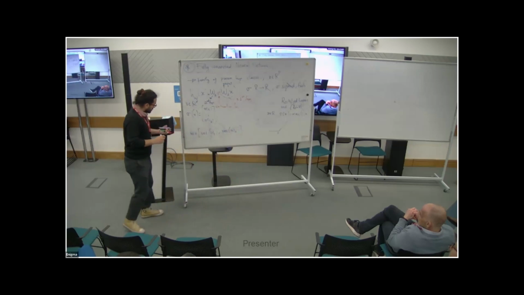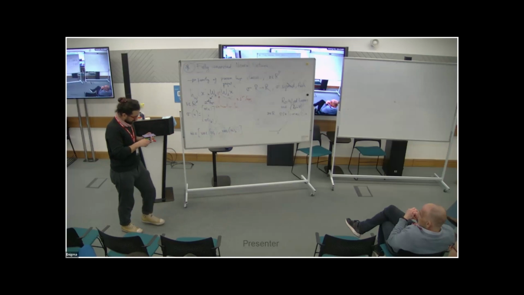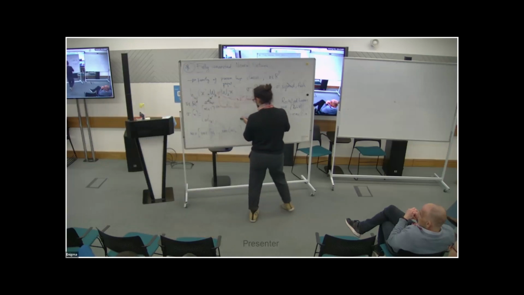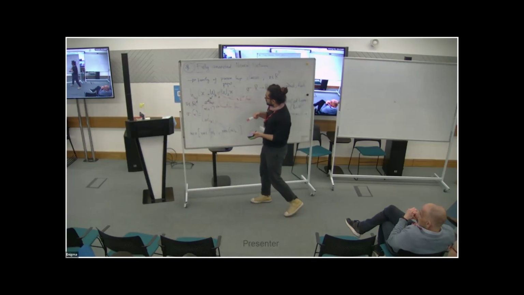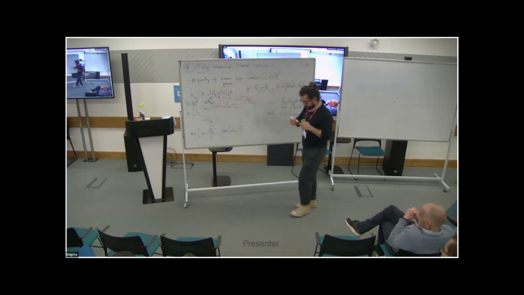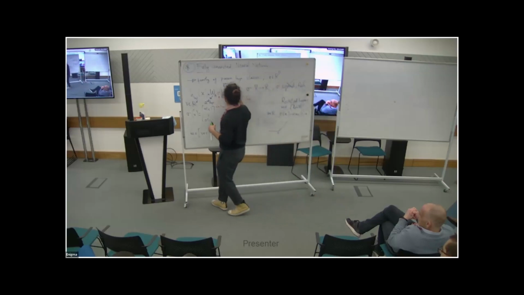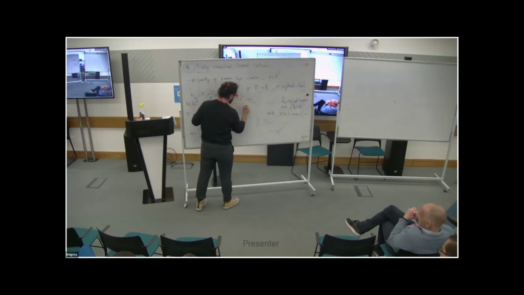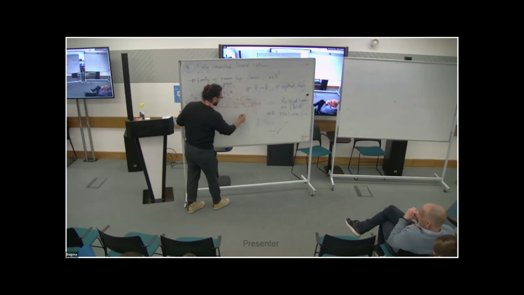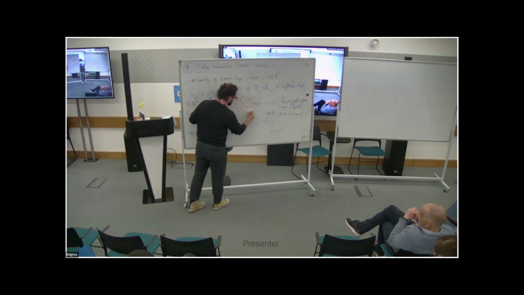So what is the size of this vector? This is R^p. We need to make some choices, right? So W1 is in R^(D1 times p), and W2, what is the size of W2?